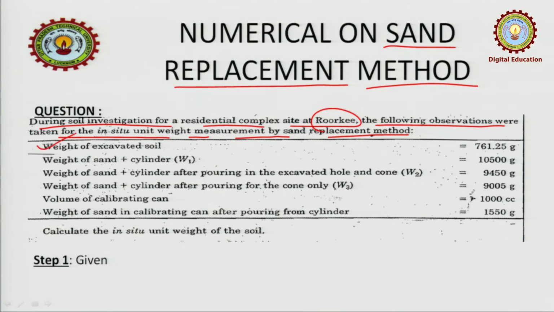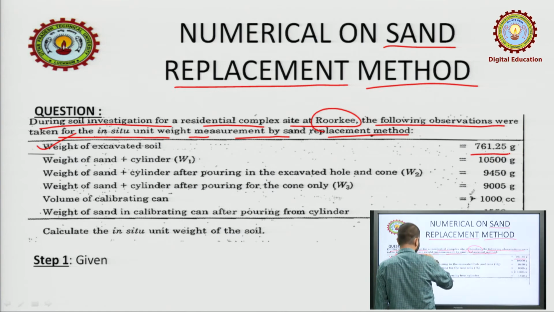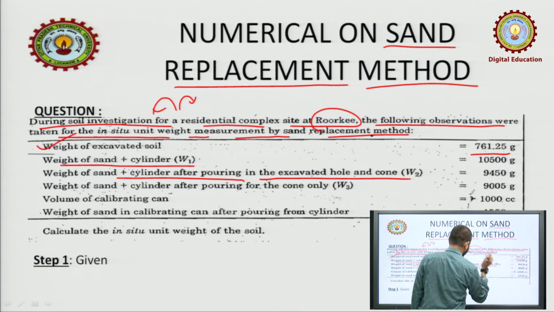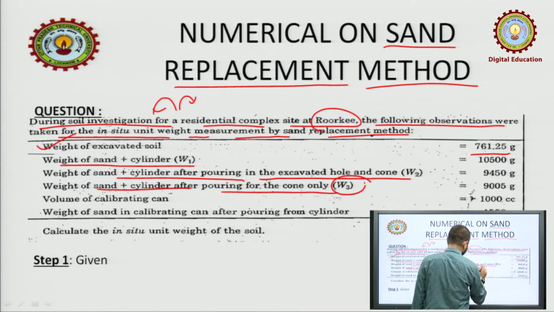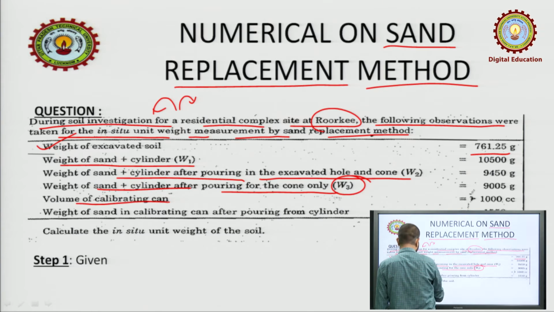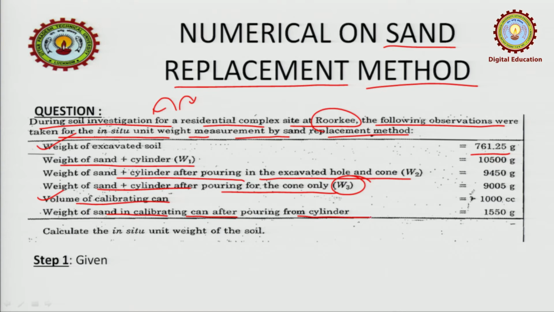The first one is the weight of excavated soil, which was excavated from that borrow. Then sand plus cylinder after pouring in the hole and cone. Sand plus cylinder after pouring in the cone only. The calibrating can's volume. Then the weight of the sand in the calibrating can after pouring from the cylinder. So these are all values given to us.